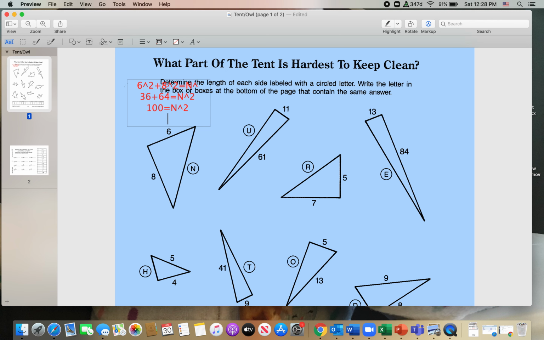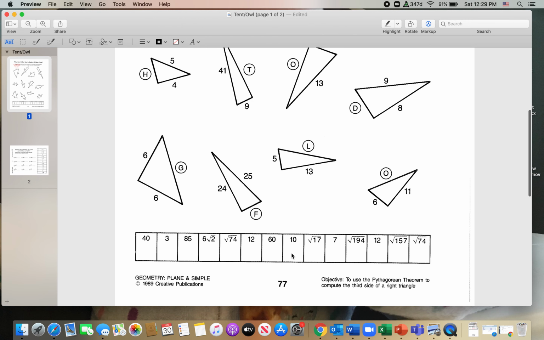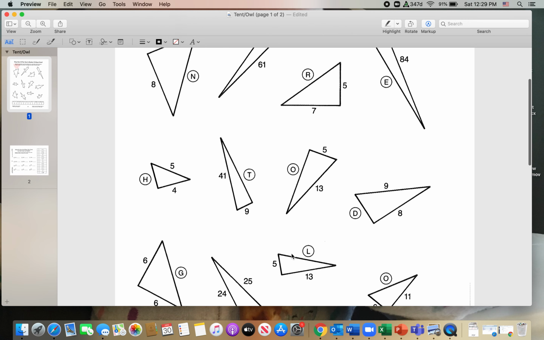The square root of 100 is positive or negative 10, but we're talking about a length, so 10 equals n. If you did it right, you should find 10. So where this 10 is, you would put n.